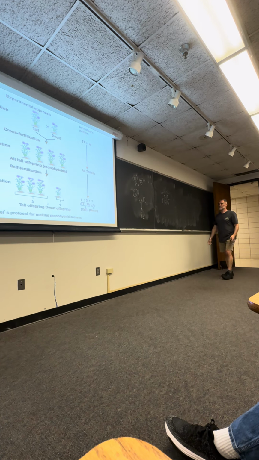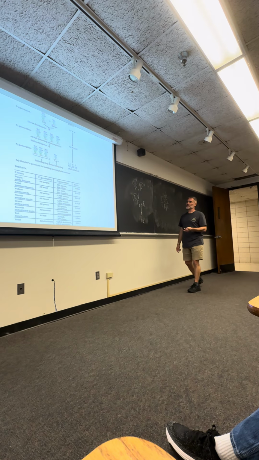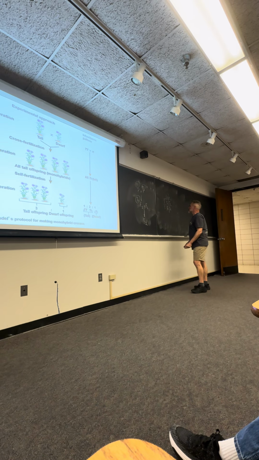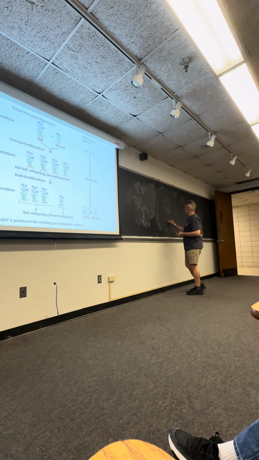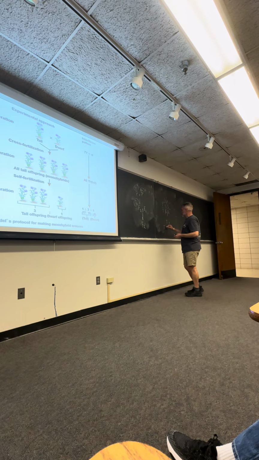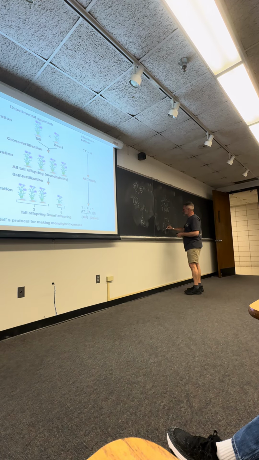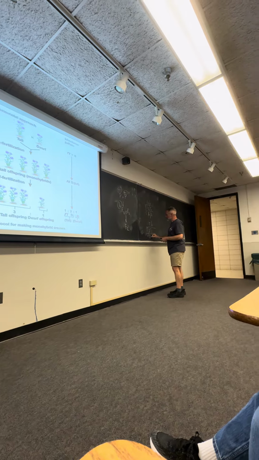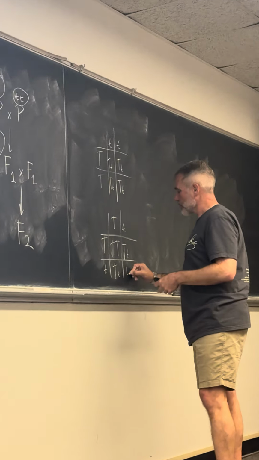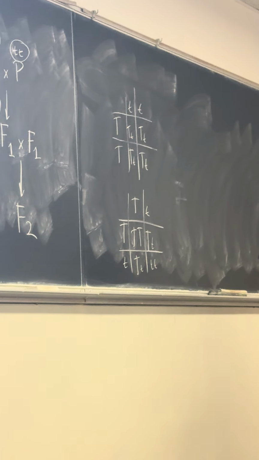Okay? Now, the second generation, this was Mendel's so-called monohybrid cross, and this always produces the predictable ratio of 3 to 1.